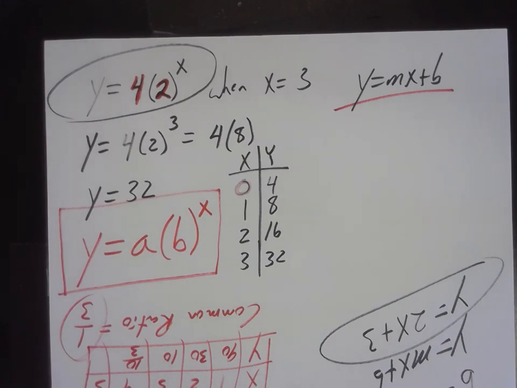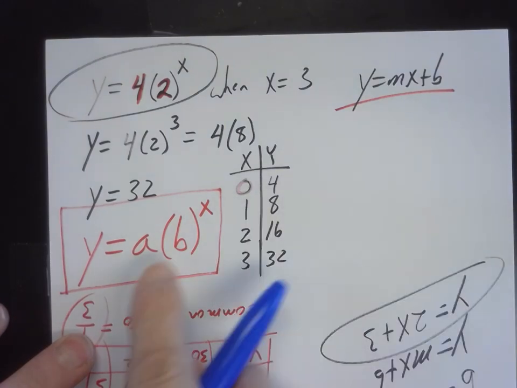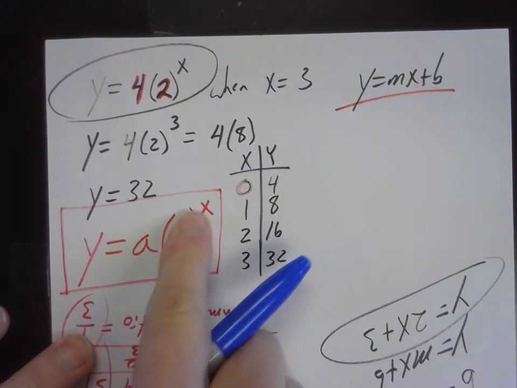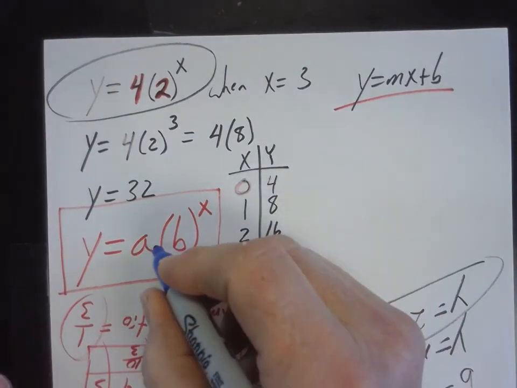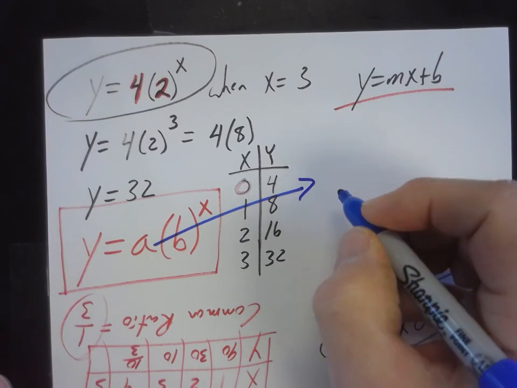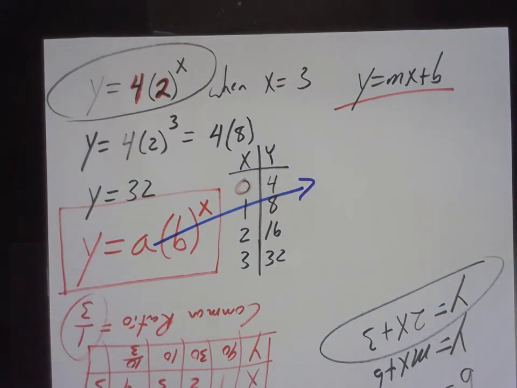Every one of our exponential functions is going to be in this form. Kind of like y equals mx plus b, but y equals a times b to the x. And every single time they're in this form, a is going to be a certain thing.